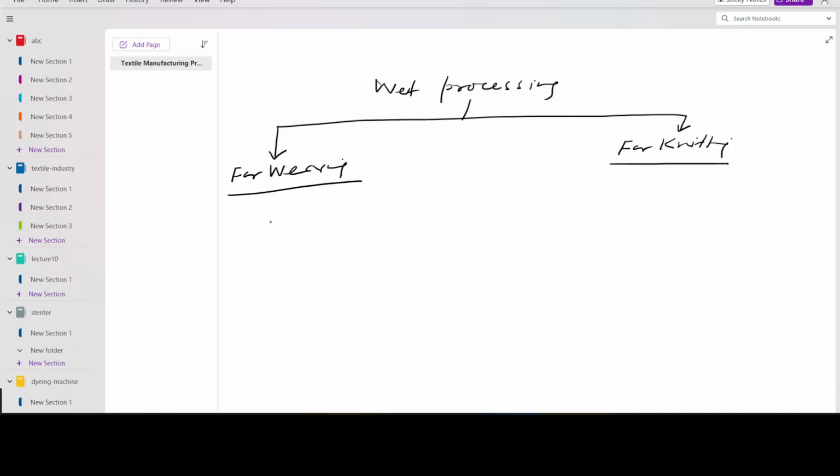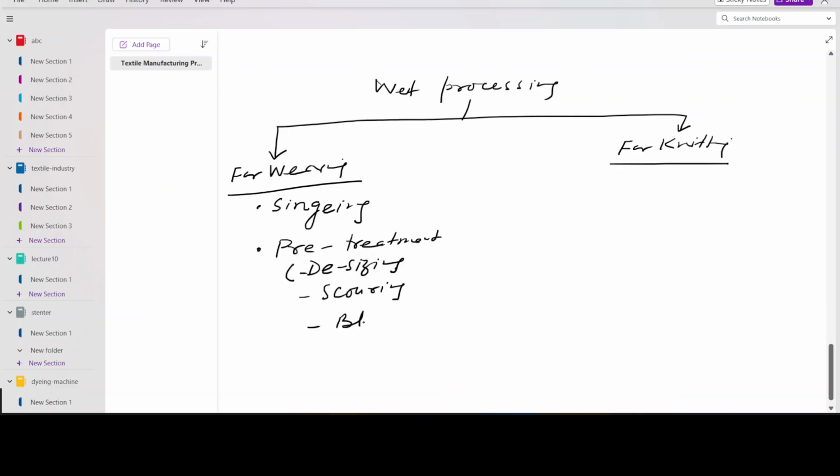For weaving, the processes that are required are singeing and pre-treatment, because we have seen that in weaving we have process known as sizing. So pre-treatment will be that of desizing, then scouring, and then bleaching.